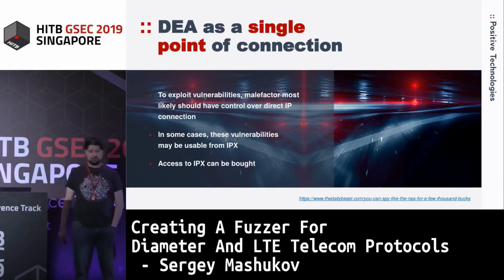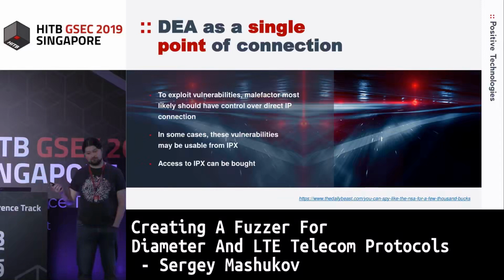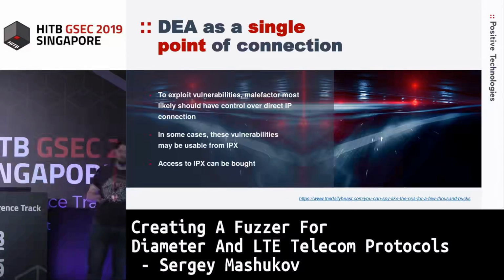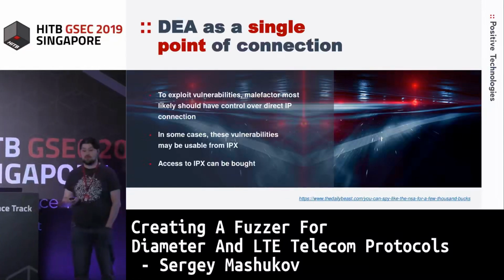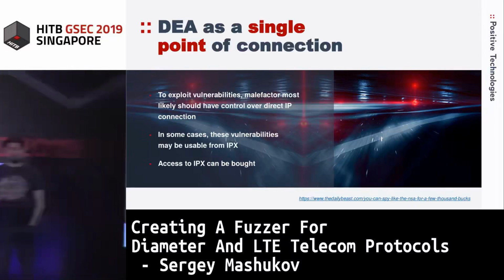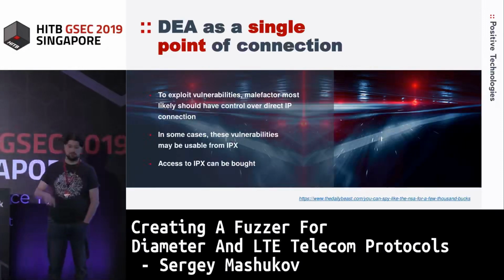One more thing to note though, with Diameter and DEA, it also means that your targets like HSS and MME are behind this DEA. So you need to send the message first to the DEA, and then it will be routed. And many malicious messages will not go through, just because the parser on the DEA will say, something strange is happening, and drop the message.